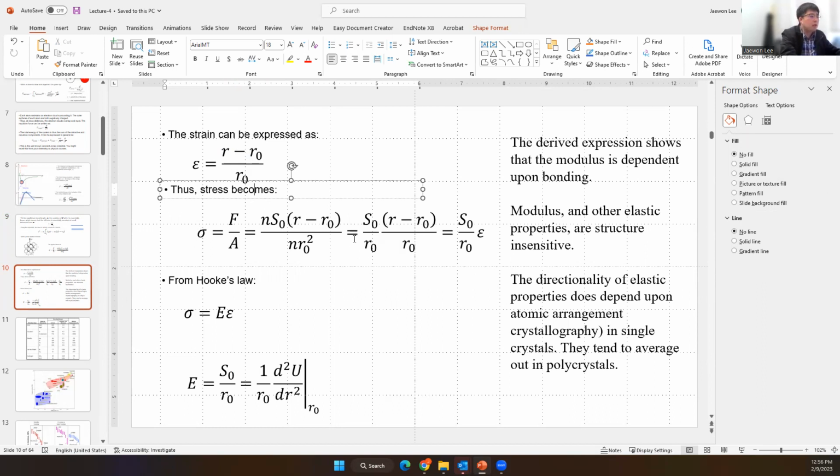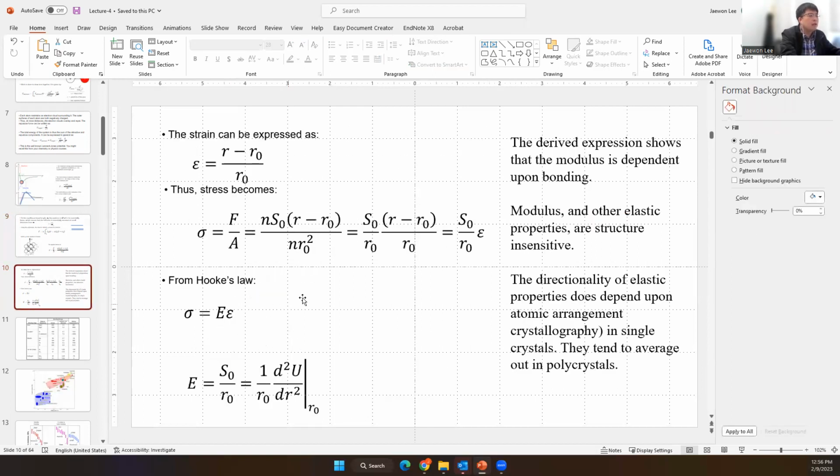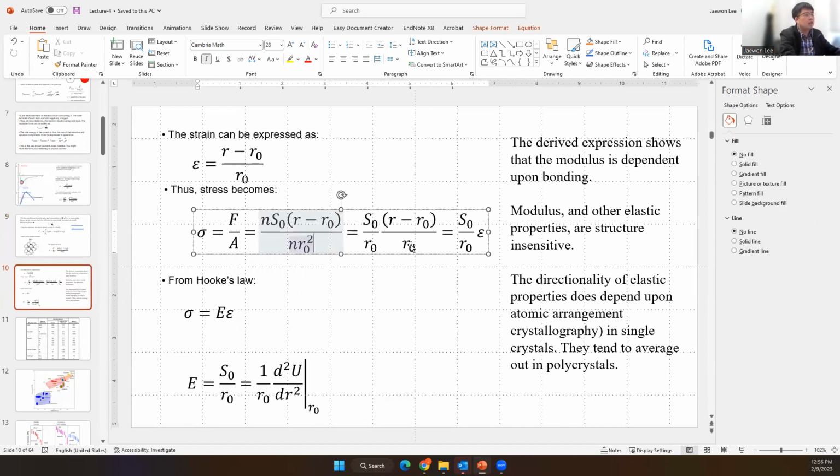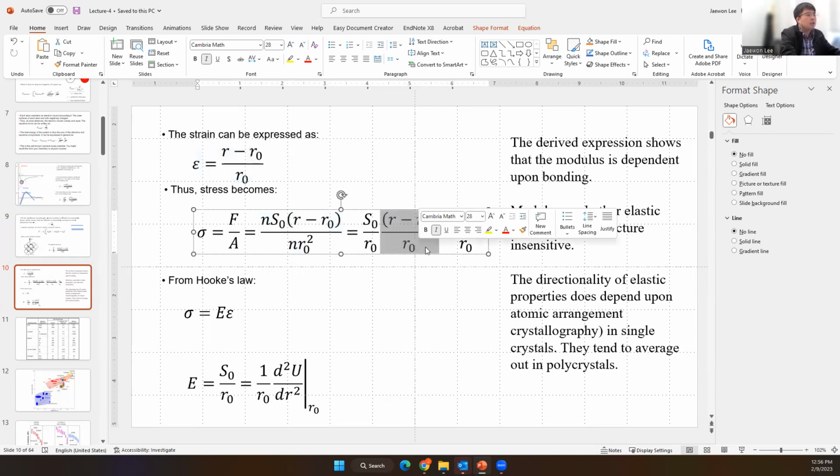And then we have these relations in the previous slide. Then we introduced the strain. So this part is the exact strain. So we can express the stress-strain relation like that.